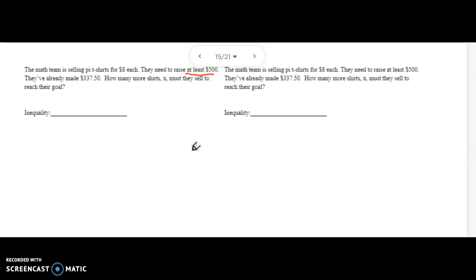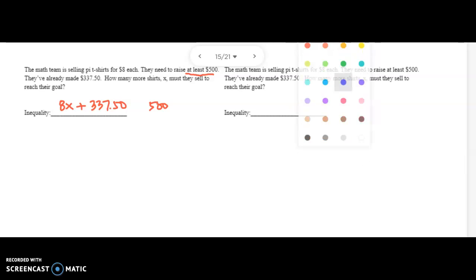So we know that each shirt is $8, so that's going to be 8x or 8t, plus they've already made $337.50. Their goal is to raise at least $500. When it says at least $500, that's the minimum.